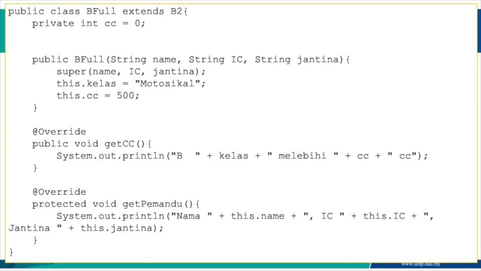In this specific class, you will have two override methods. One is getCC, and the second one is to get all the information about the driver from the main parent, which is the Pemandu class, the same as the previous class, which is the B1 class.